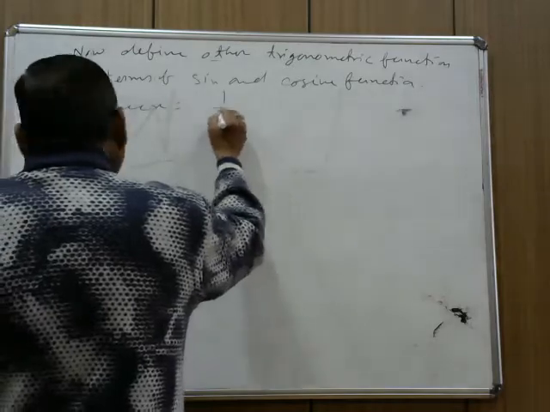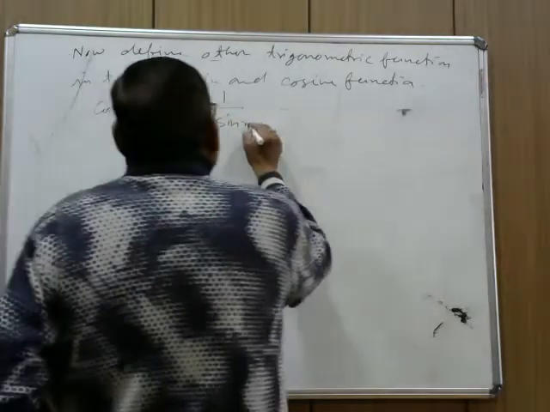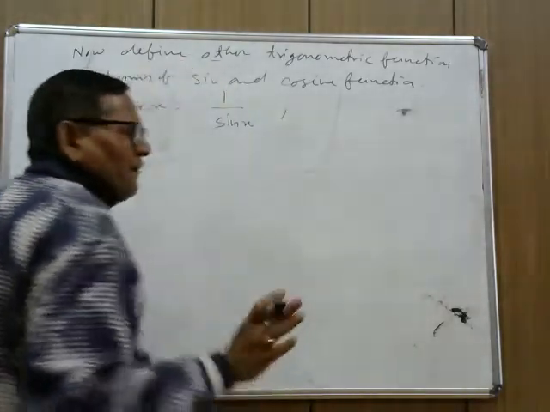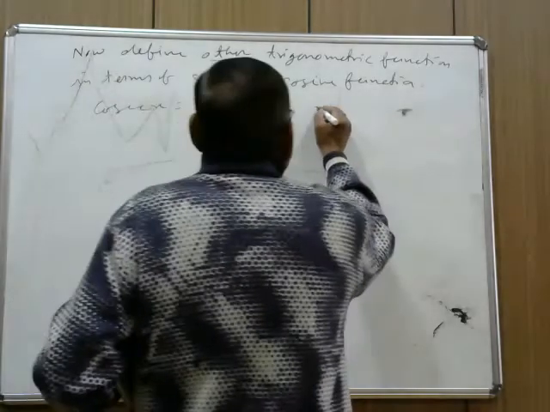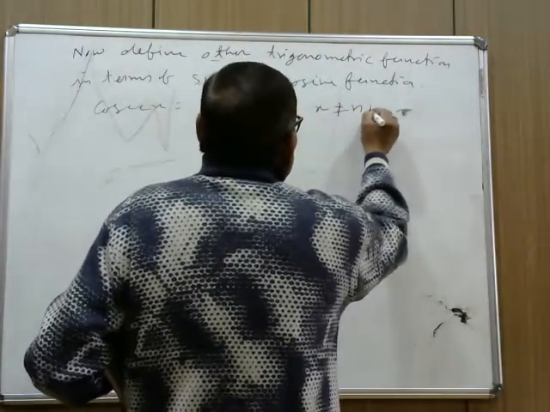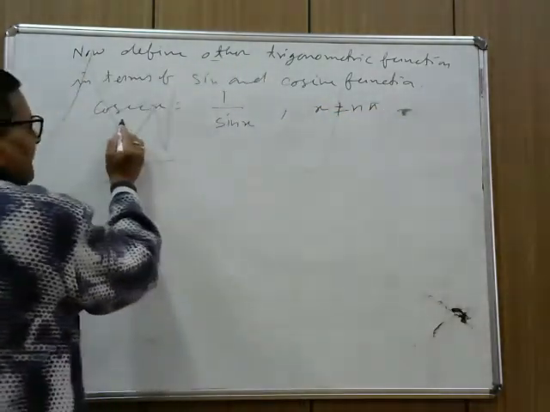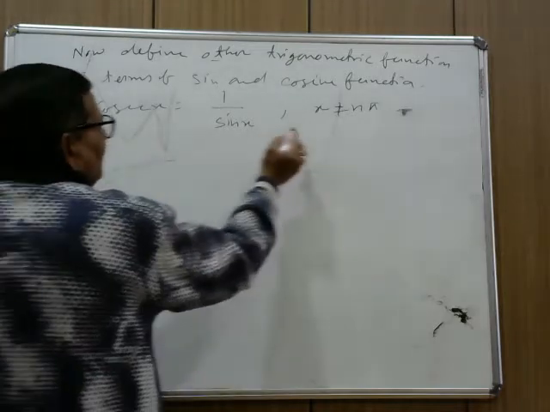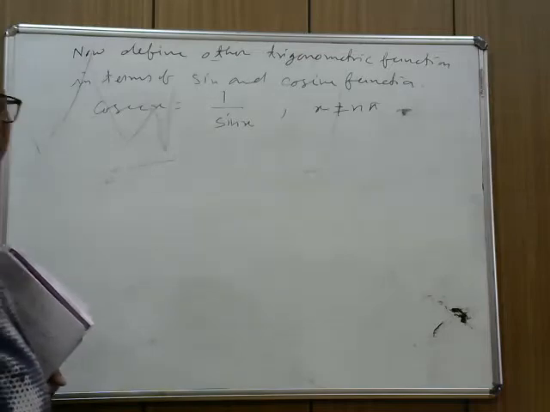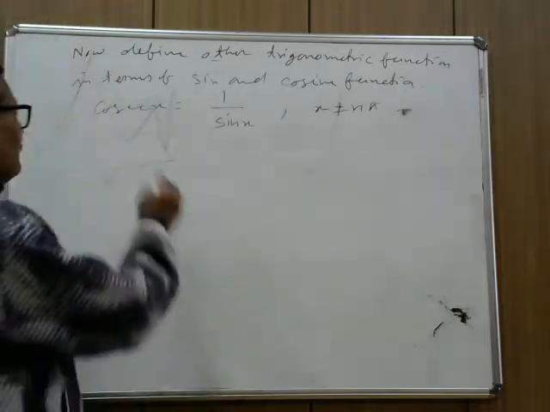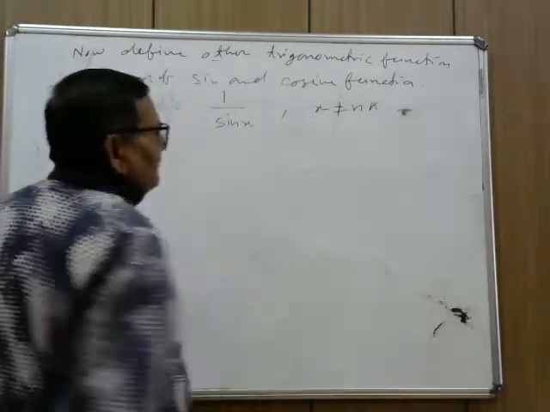Cosec x is equal to 1 upon sine x, and this function is not defined when x is an integral multiple of pi. So for this, x is not equal to n pi. Your cosec x is defined as 1 upon sine x, and cosec x is defined only when x is not equal to n pi.